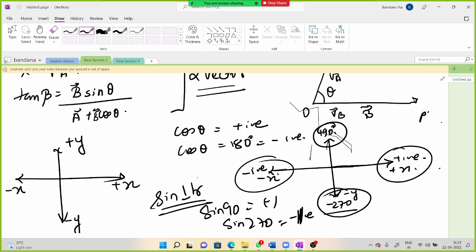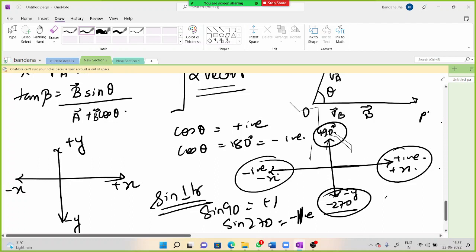Okay. Fine or not? Yeah, fine, ma'am. Ma'am, I just annotated this to clear what I've understood: taking this as 90, this as 180 and this as 270, and it is negative or positive like that. Okay.